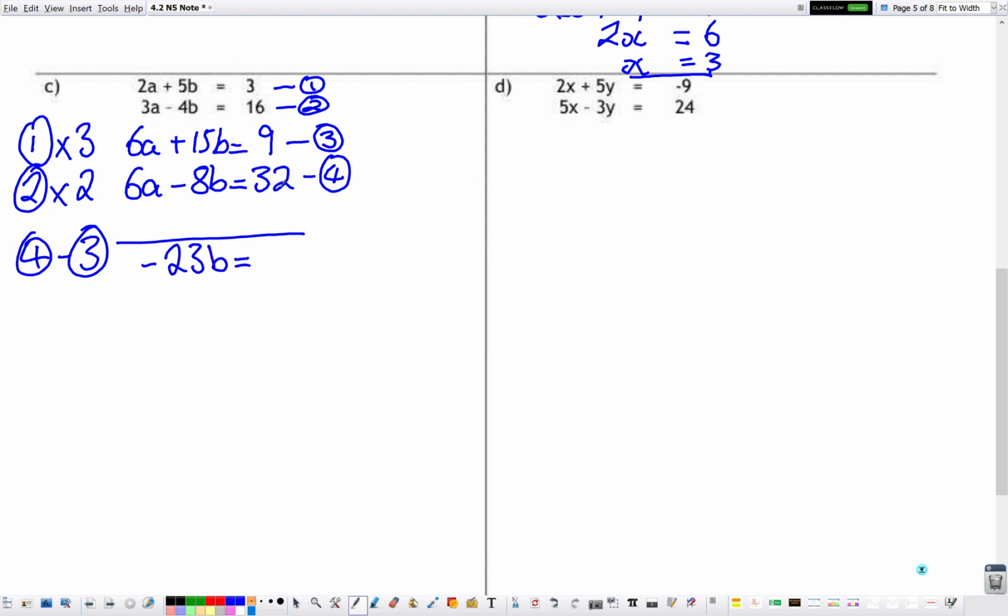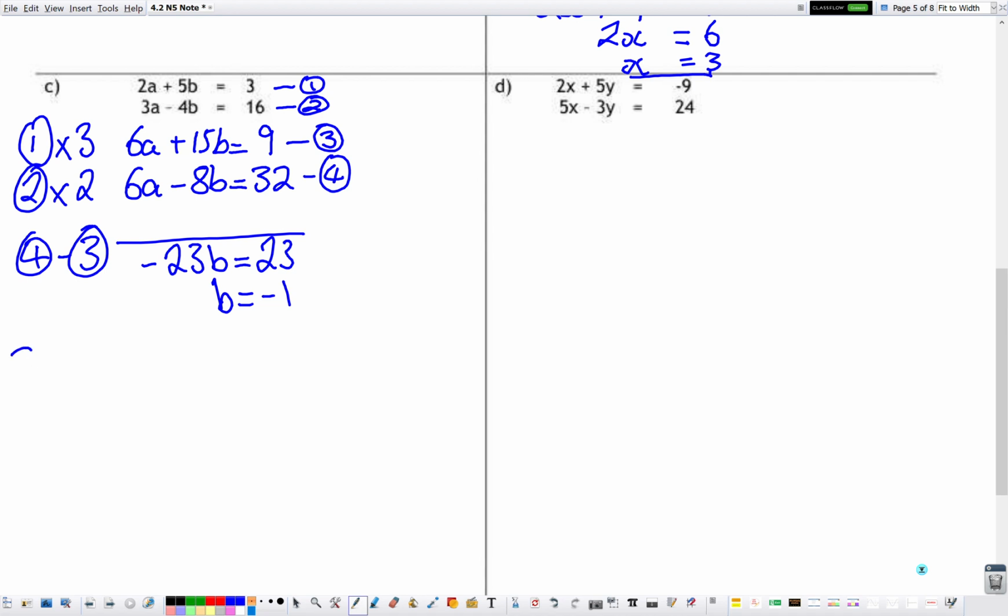And we have 32 minus 9, which is 23. Even though that looks complicated, because they're both 23, it actually isn't too bad. If I now divide by minus 23, I'll get b equals minus 1. That's the first part done, and most of the hard work done.